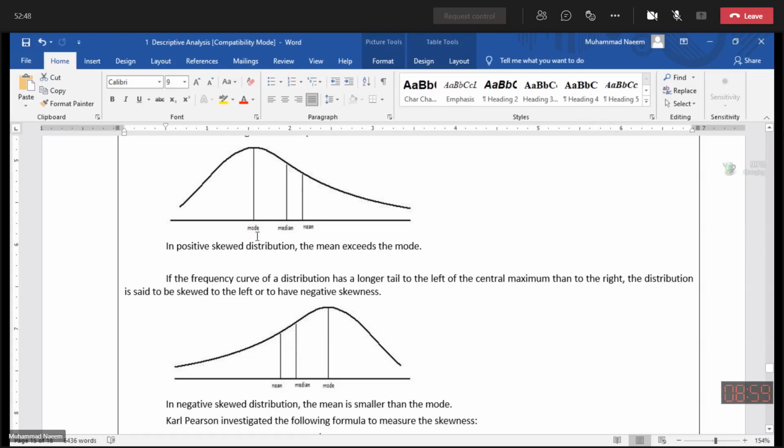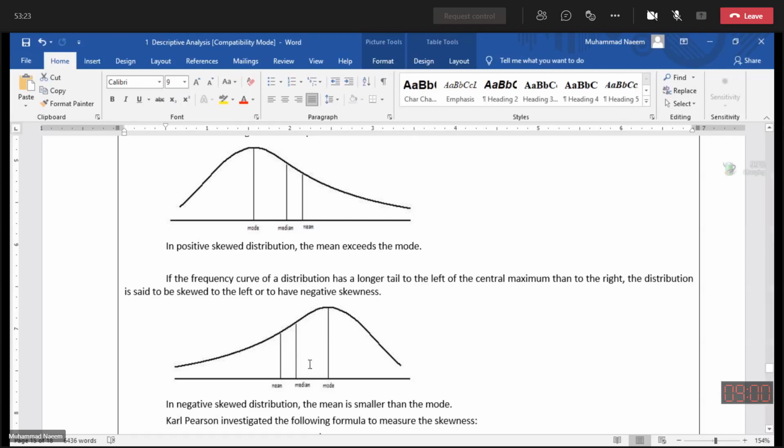Values are on the x-axis, so definitely on the left hand side we have lesser values, and on the right hand side we have larger values. So when mode is less than median, or mode is less than mean, or median is less than mean, any one of the three clues we have, we will say that the distribution is positively skewed.